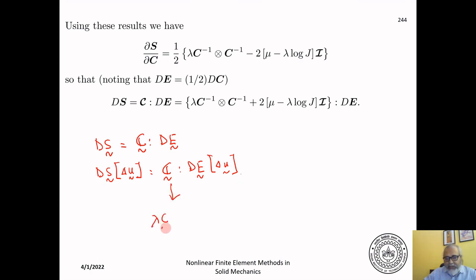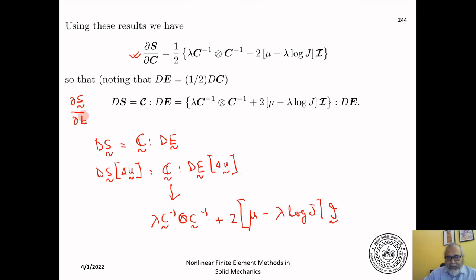This is lambda C inverse dyadic C inverse plus 2 times (mu minus lambda log J) I. This 2 comes because we have calculated del S del C, but we are supposed to calculate del S del E. So del S del E and del S del C are related by the factor of 2.